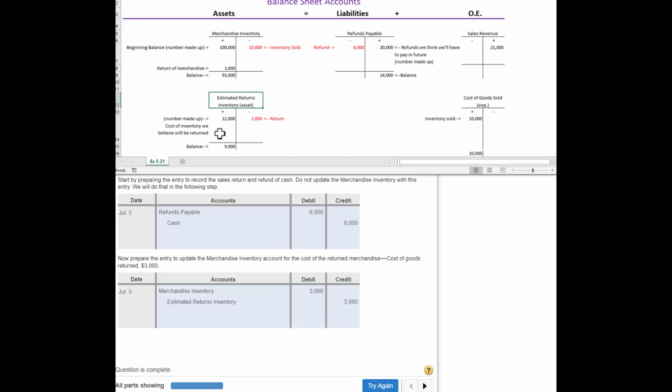And then when we have an actual return, it has to lower that account. And basically we're lowering this account and putting it back into actual inventory up here. So we're transferring it from estimated returns inventory to actual inventory back on our shelves. And since this was damaged inventory, eventually we'll have to return it to our manufacturer or distributor or supplier, whatever you want to call them. But that's it for this problem.